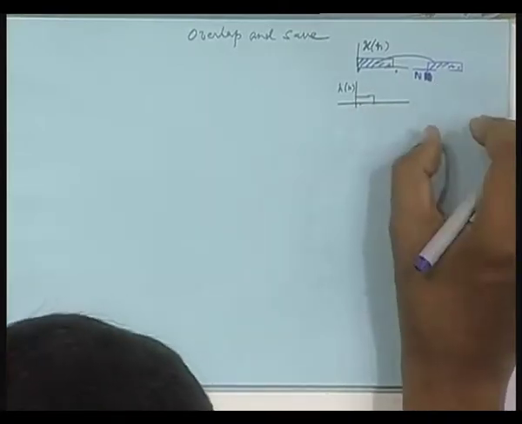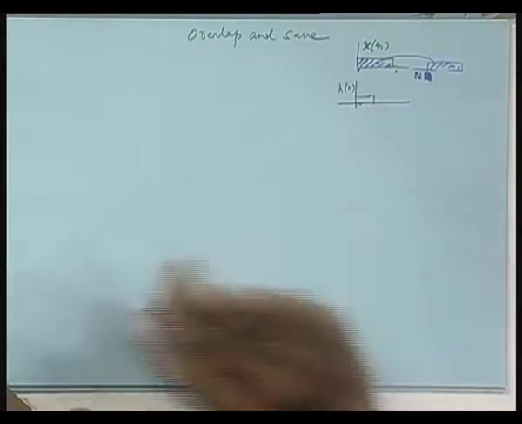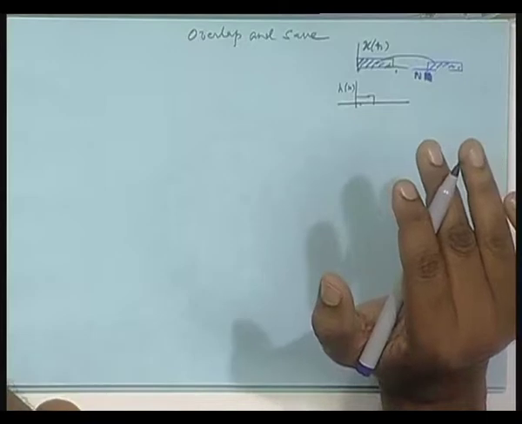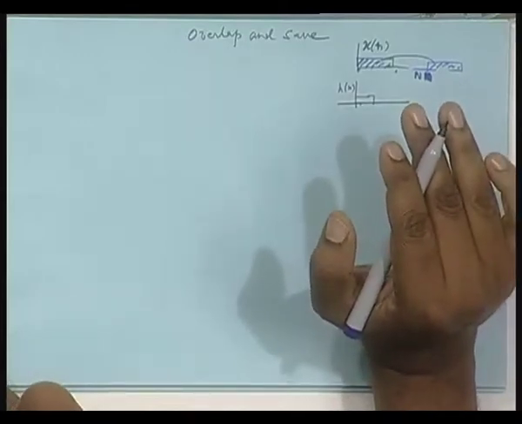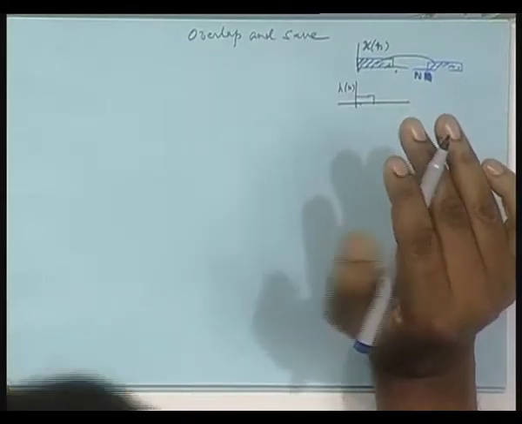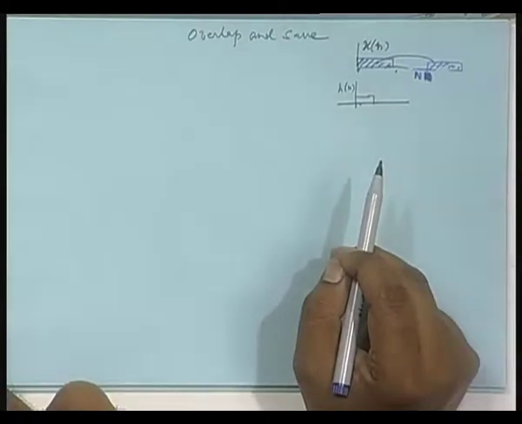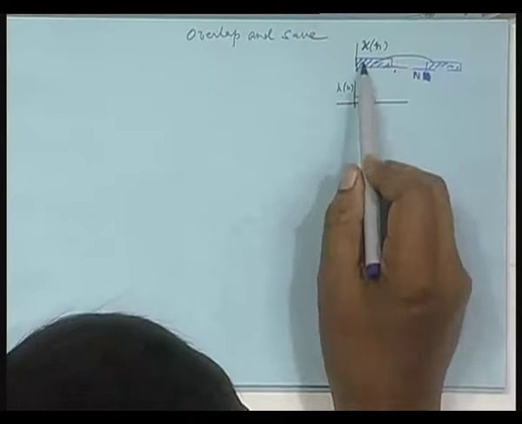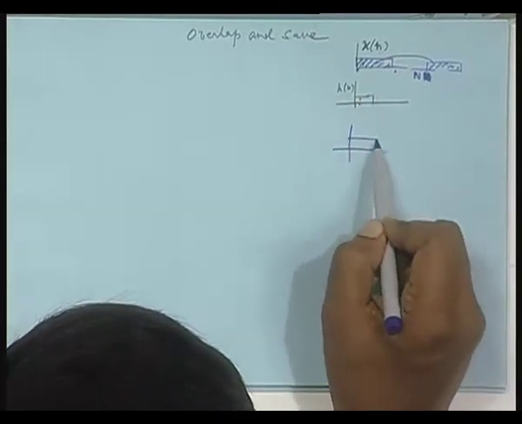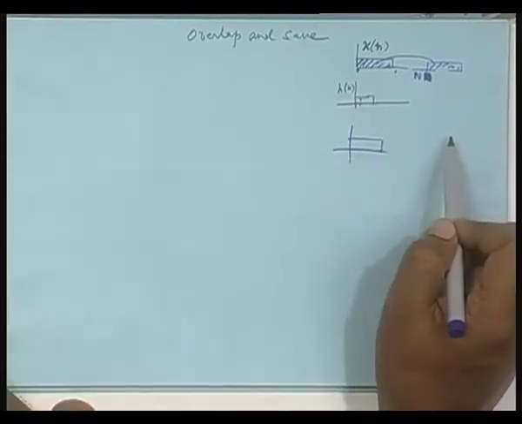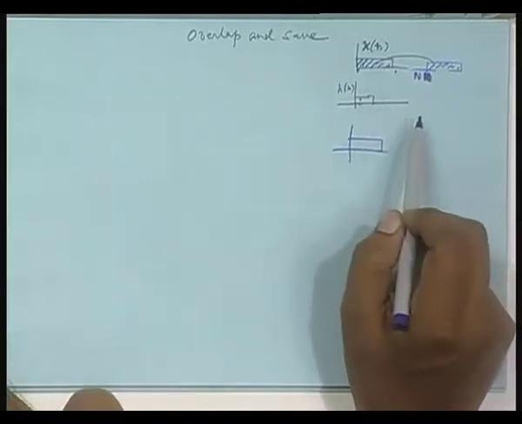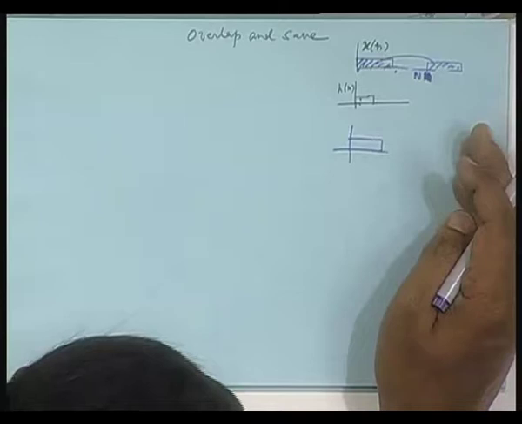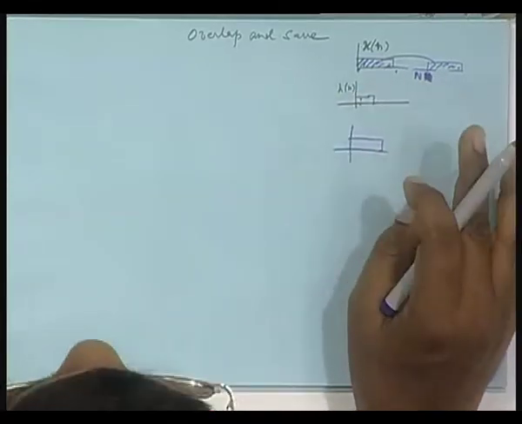My convolution result will be the same because data has not changed, but the location at which the output will be placed will be shifted by the same amount. Earlier, if the output was positioned here, it will be shifted by the same amount. If you cannot see this graphically, you can go into the Z domain. Convolution in time domain means multiplication in Z domain.